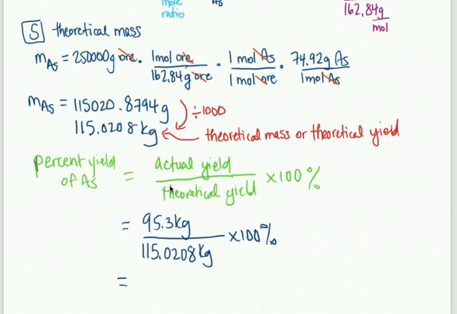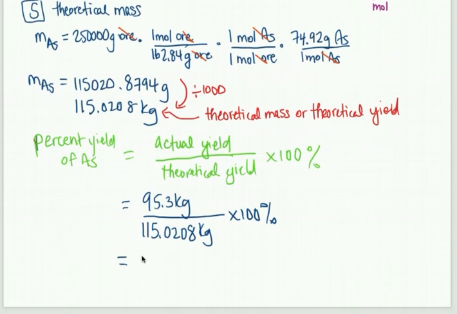Stuff does happen though, I guess, experimentally, where you might end up with more actual yield than theoretical because maybe there are impurities or contaminations, so you end up producing something else. But just for when you're practicing now, expect the actual to be smaller, okay? And if it's not, go and double check your work.